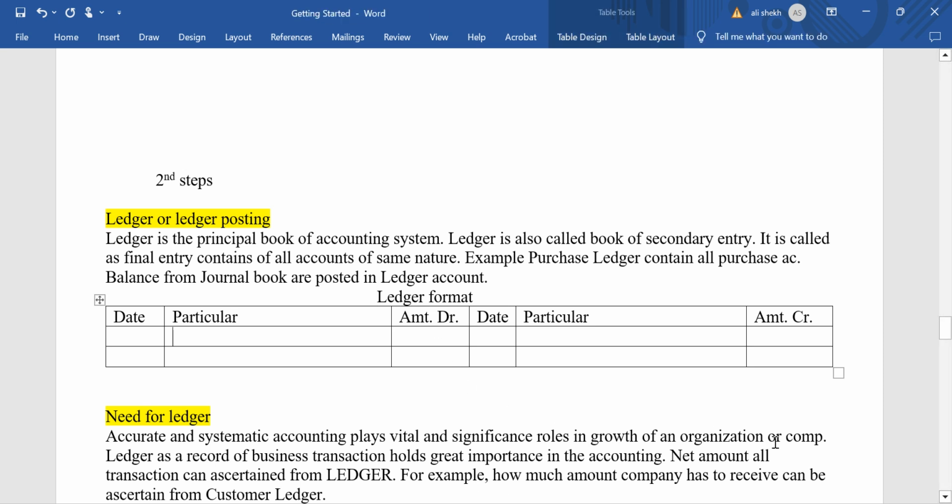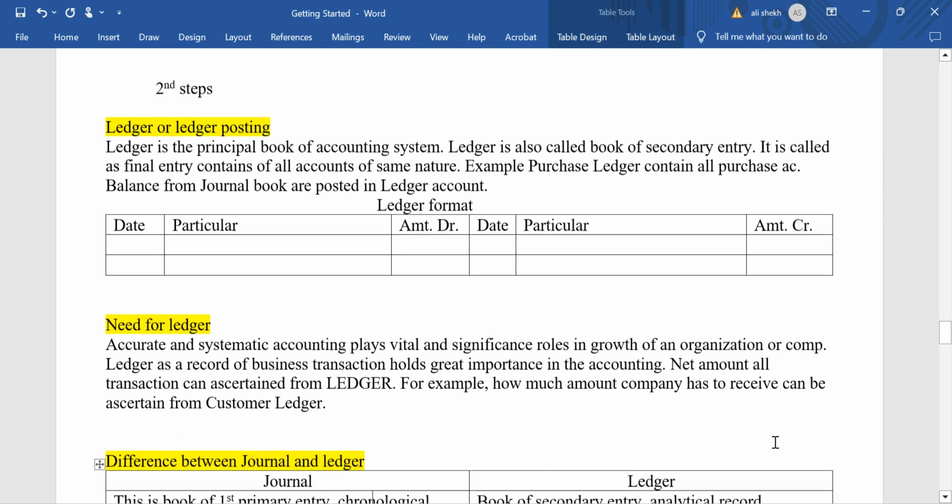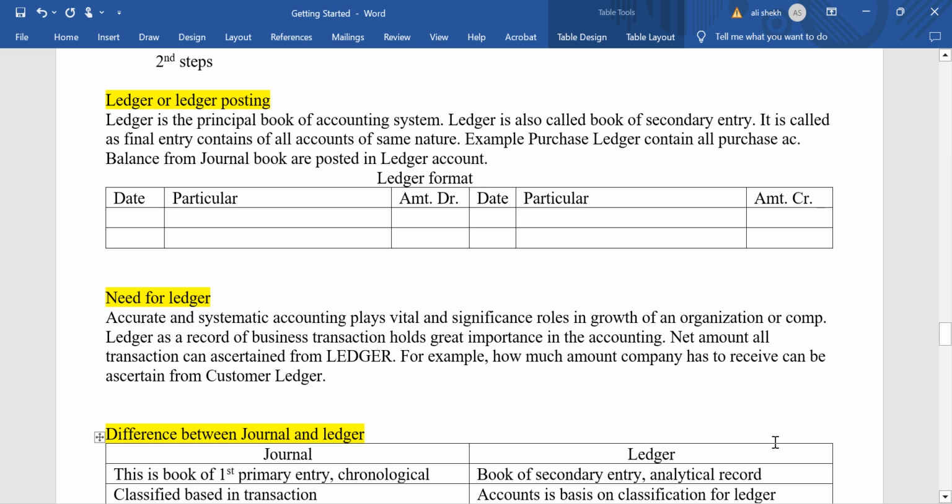Need for the ledger. Why is the ledger required? Accurate and systematic accounting plays a vital and significant role in the growth of companies. Ledger as a record of business transactions holds great importance in accounting. Net amount of all transactions can be ascertained from the ledger.